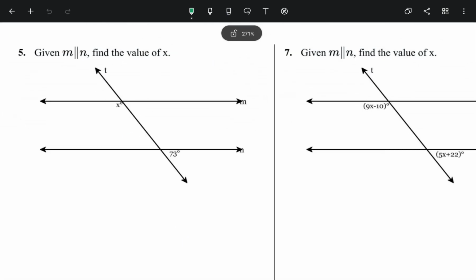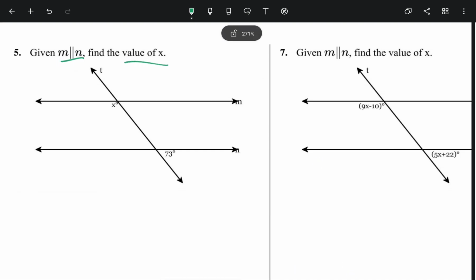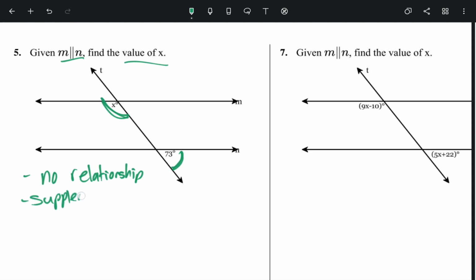Now, number 5, given that M and N are parallel, we want to find the value of X. So we have one interior angle here and one exterior angle. These are on different sides. So there's really no special relationship, which means they are supplementary.